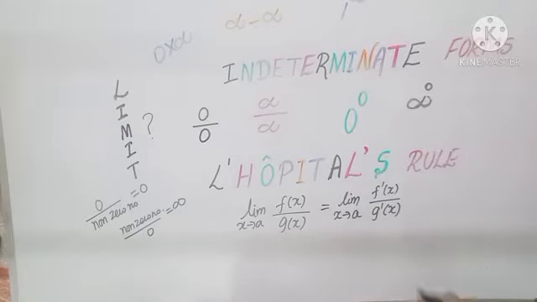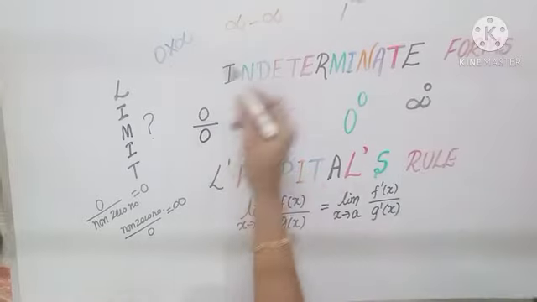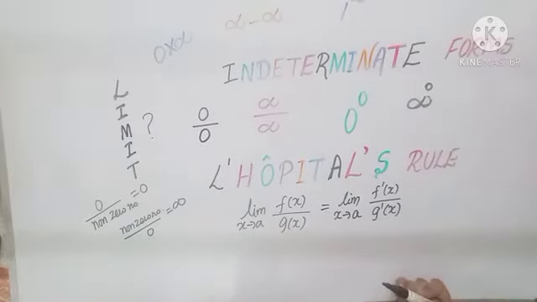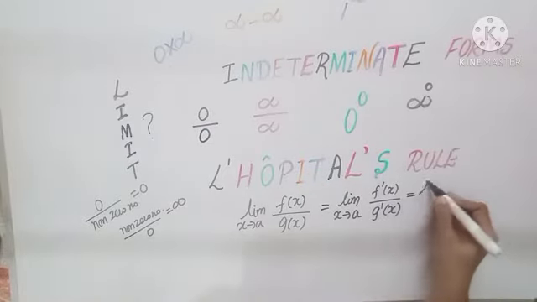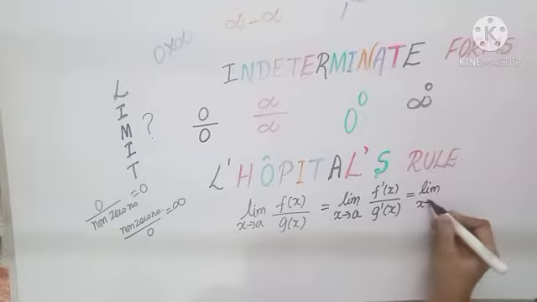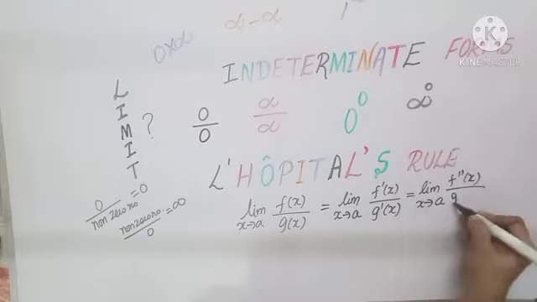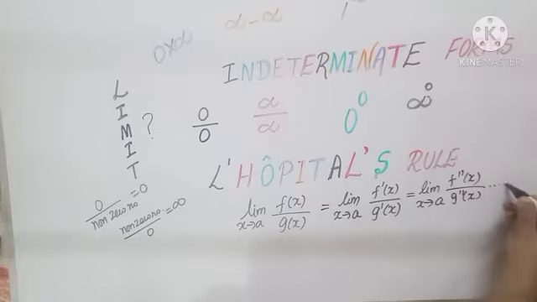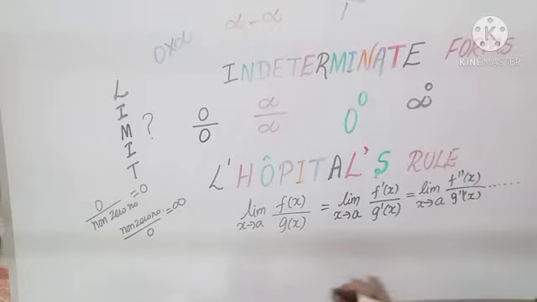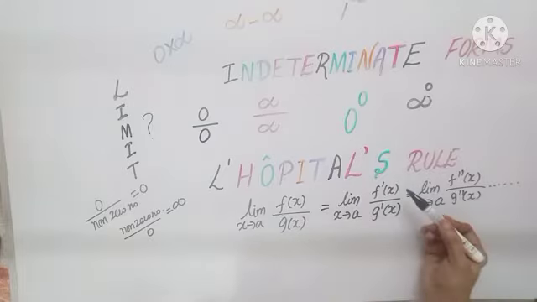Supposing now also you arrive at an indeterminate form, then again you differentiate. Limit x tends to a, f double dash of x by g double dash of x, and we keep on doing till we arrive at a proper limit. As long as we get an indeterminate form, we will keep on differentiating numerator separately and denominator separately.